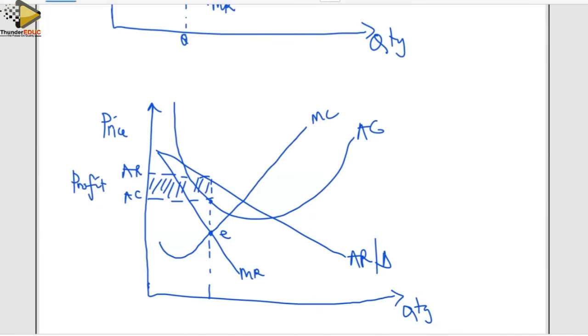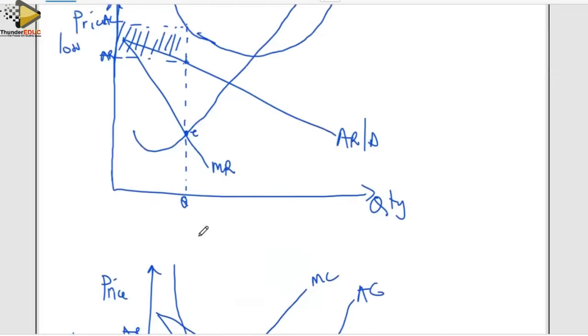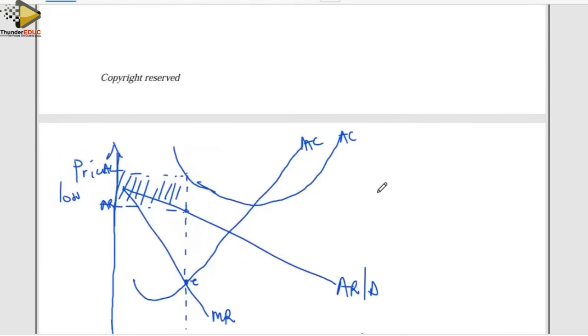By merely looking at this, we can see that our illustration is portraying something like the first graph here. So we must get a negative value to show that there is a loss being experienced in this area, because our average cost curve is above the average revenue curve.